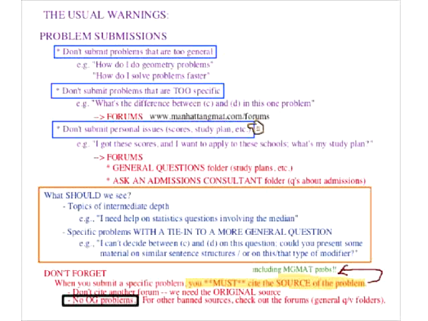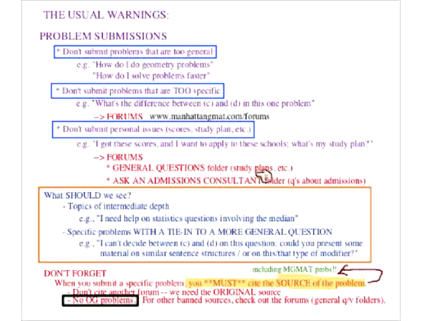Finally, personal issues. Remember, this is a recording that's ultimately going to be watched by hundreds, perhaps even thousands of people. So please don't post your own personal issues and scores and things like that. This is not the place for I have such and such a score and I want to get to such and such a score and what should I do? There's a folder on the forum for that.